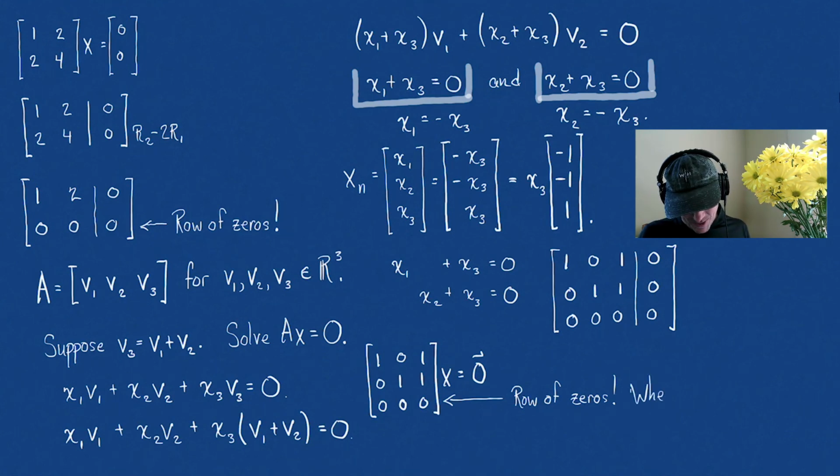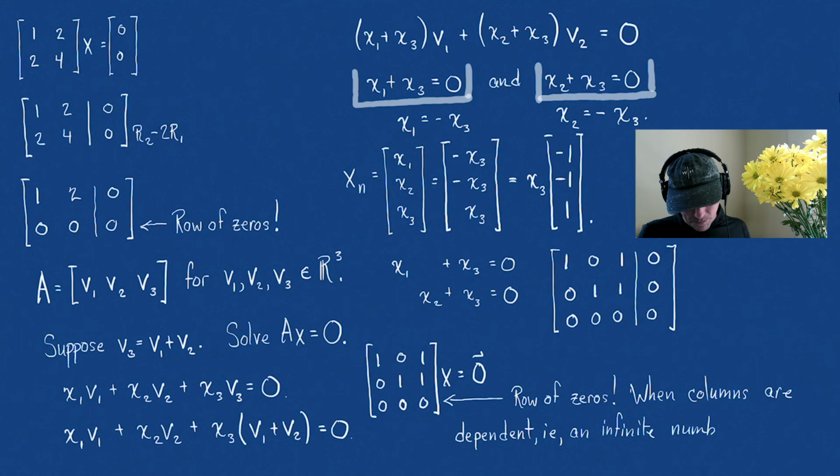When columns are dependent, we have an infinite number of solutions to some matrix A times some vector x equals 0.